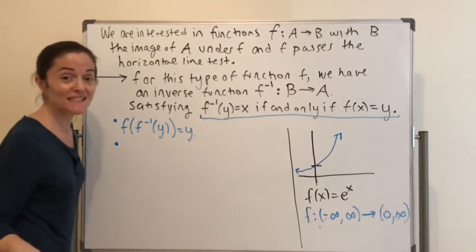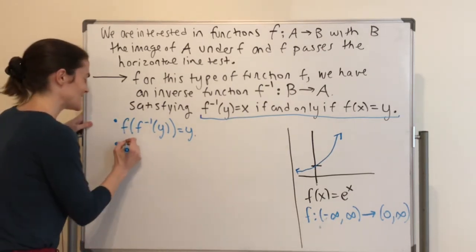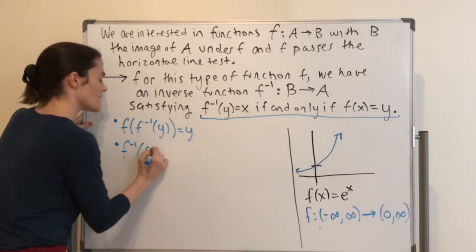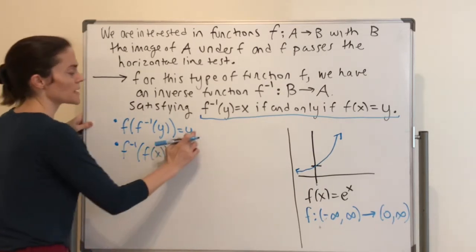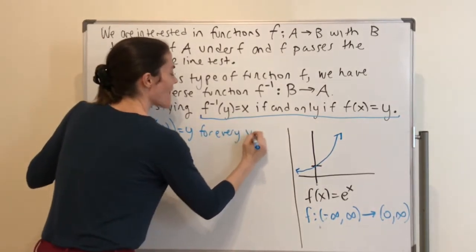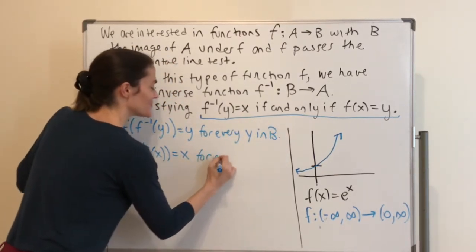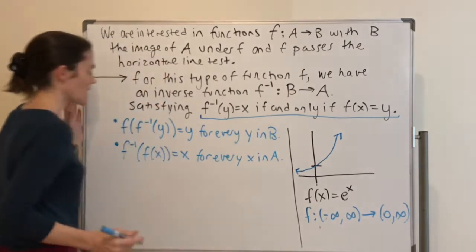In fact, I'm going to use the chain rule today, well, when we get there, to see the inverse function theorem. And also f inverse of f of x equals x. And this would be for every y in B and for every x in A, okay?